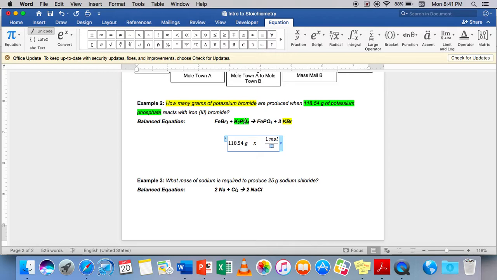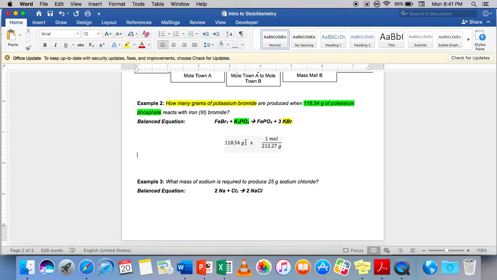You would go to the periodic table, you would do 3 Ks, 1 P, 4 Os, get those numbers. I already did that for you, and it is 212.27 grams. We can see that the units are going to cancel. We want that to happen. That is my first conversion.